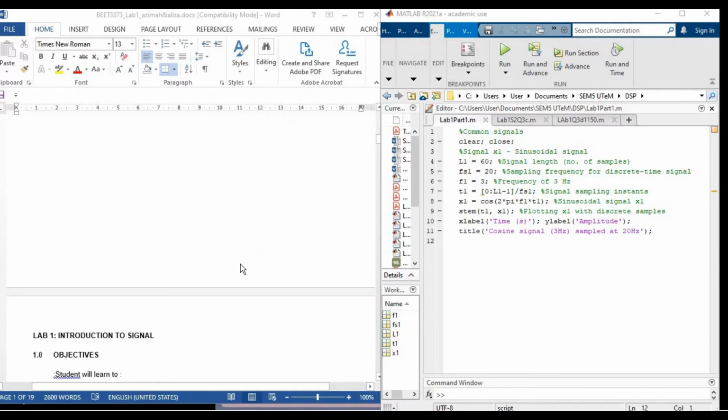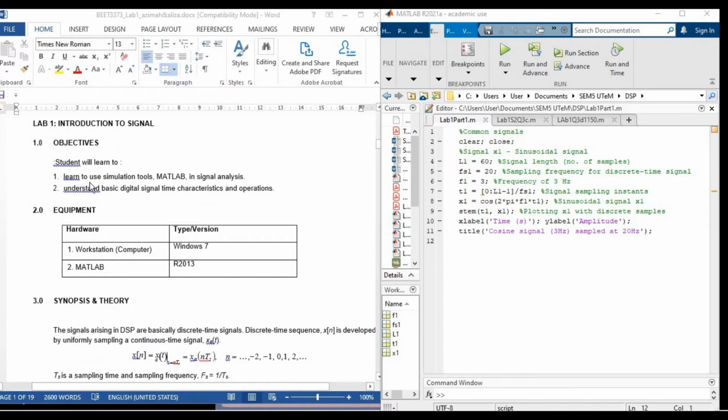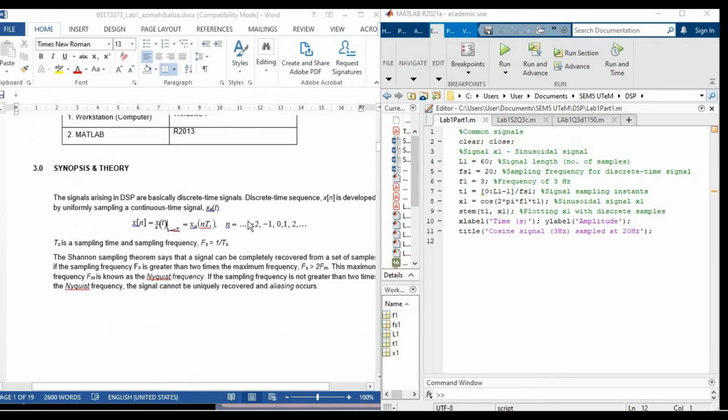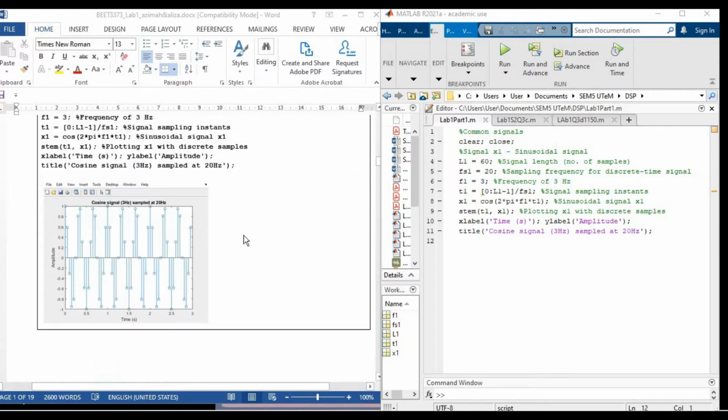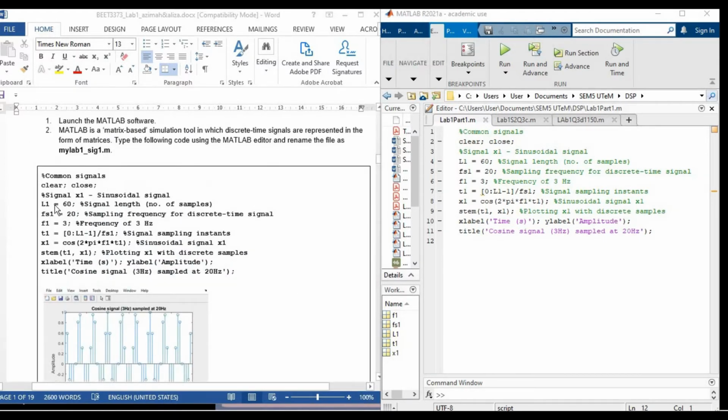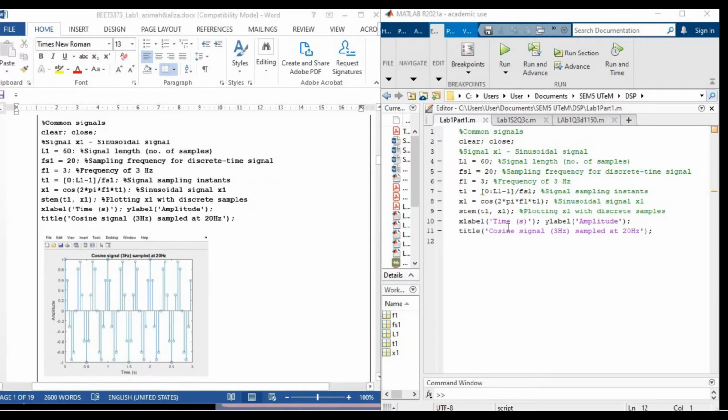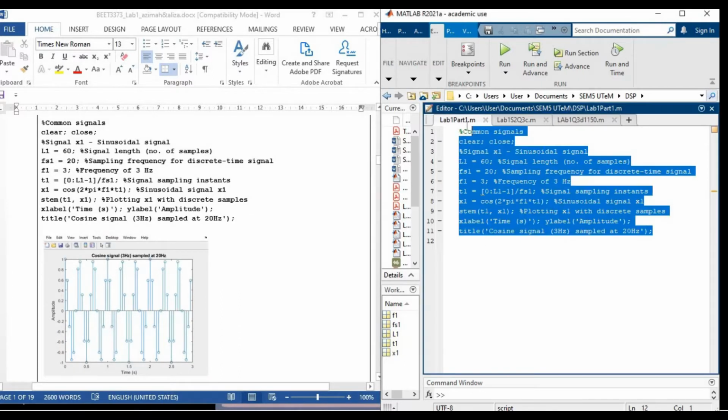Okay, for part 1, the objective is to learn to use a simulation tool and understand basic digital signal time characteristics and operations. This is the coding for a common signal, a sinusoidal signal, and we use a frequency of 3 Hz, and we run the coding.